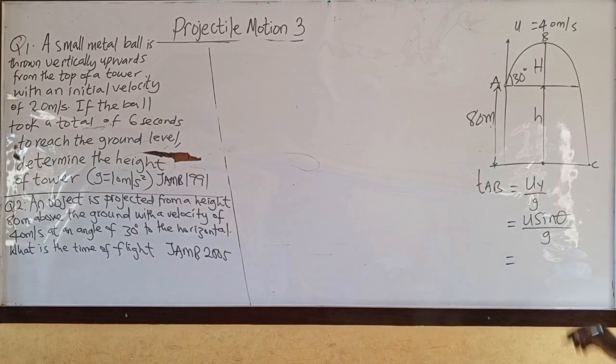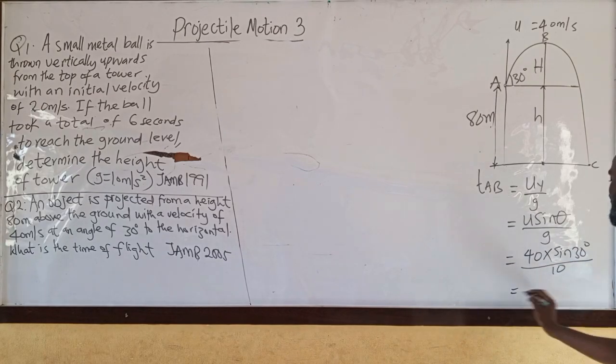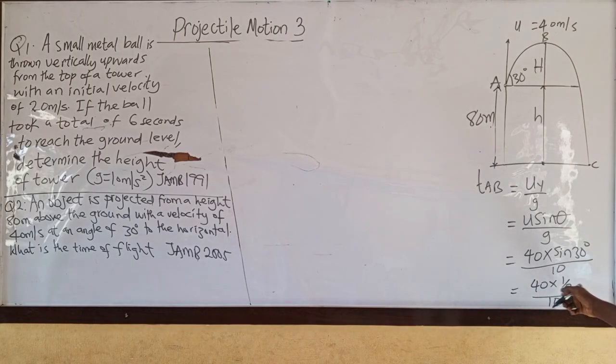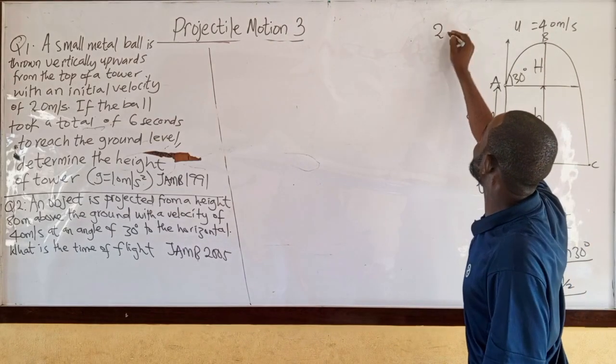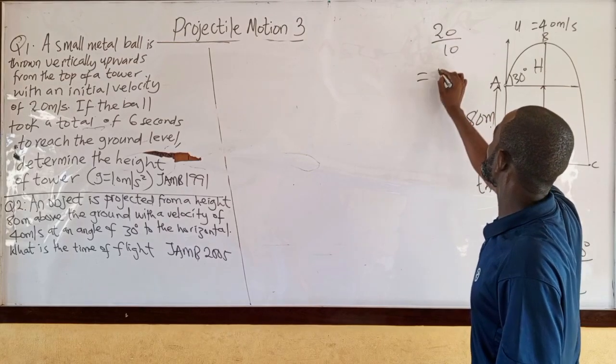So what do I have? Our t is 40 times sin 30 all over 10. Sin 30 is half. So now we are having 40 times half all over 10, which gives us 20 all over 10, and that will give us 2 seconds.